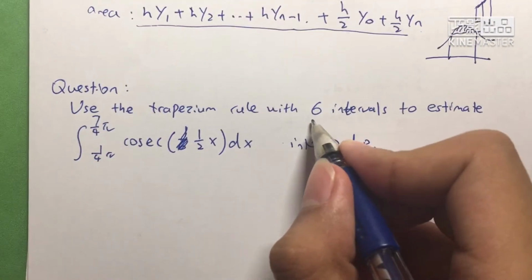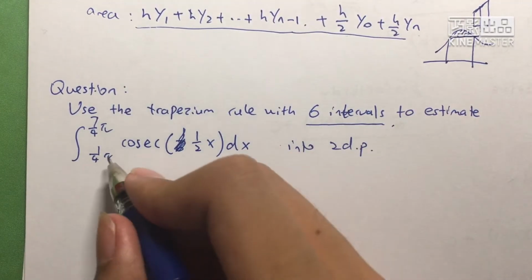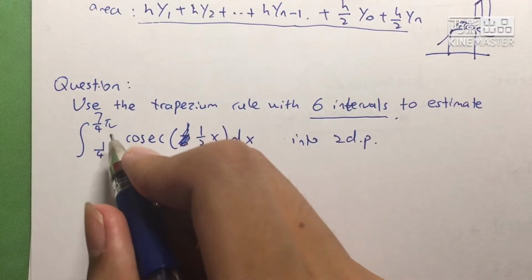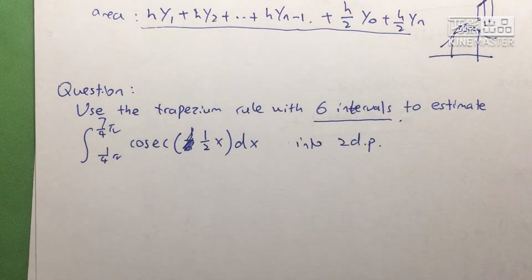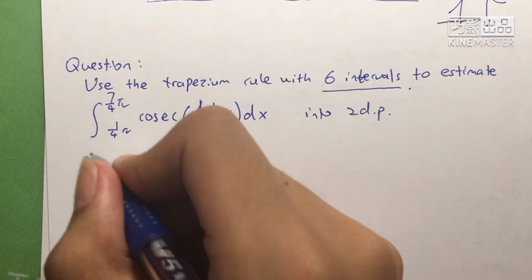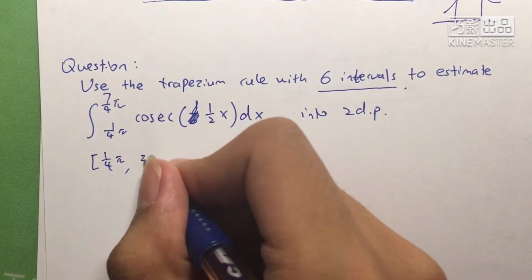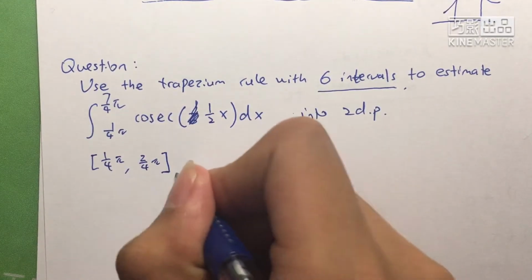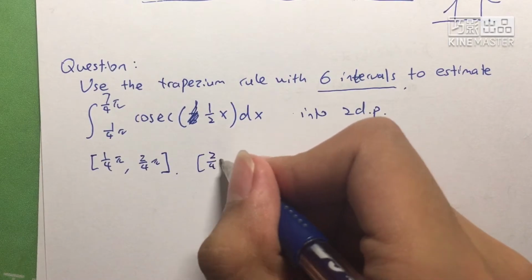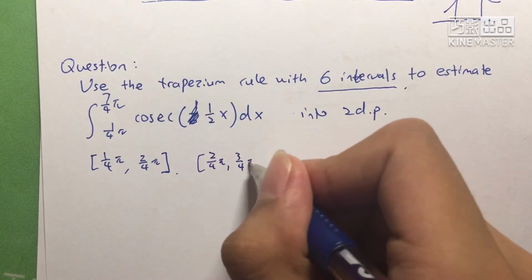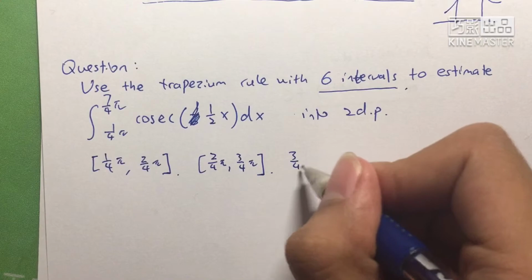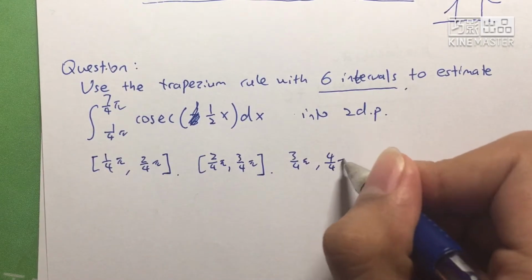It says using 6 intervals. And here is 1 over 4 pi to 7 over 4 pi, which means that we should use the intervals 1 over 4 pi to 2 over 4 pi as one interval, and 2 over 4 pi to 3 over 4 pi, and 3 over 4 pi to 4 over 4 pi.